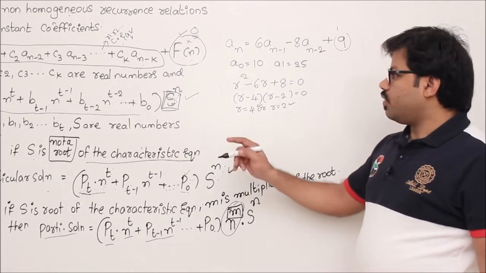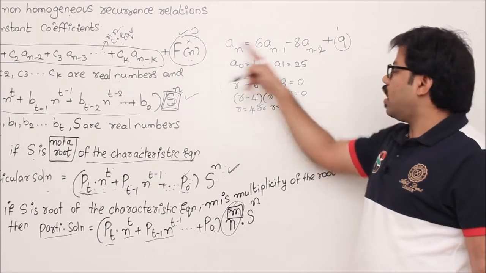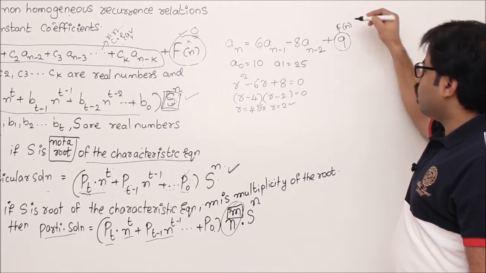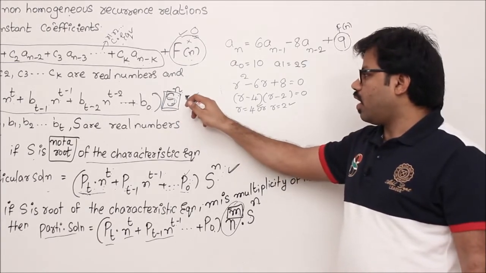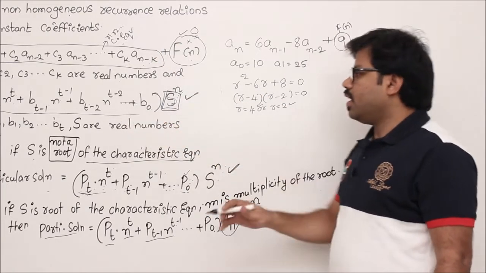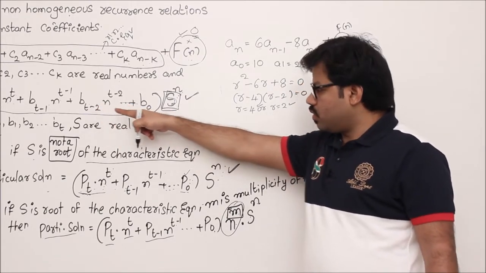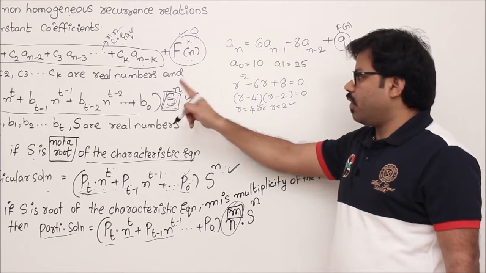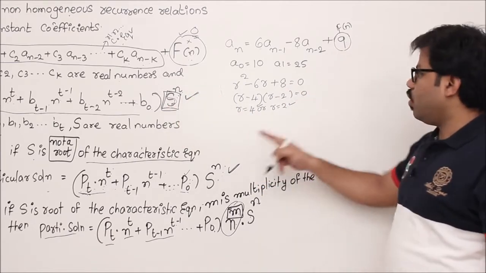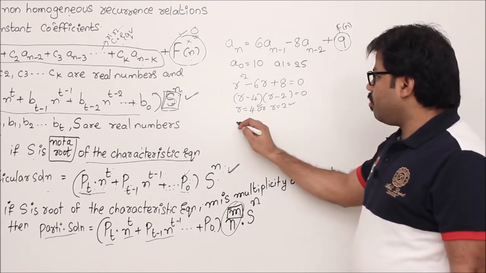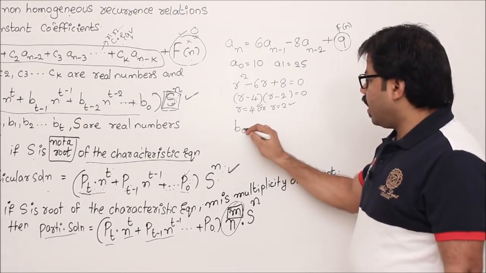Now come to our non-homogeneous part, 9 here, right? This is f of n. So what is the form of your f of n according to the definition? It is bt into n power t plus bt minus 1 n power t minus 1 and so on, up to b naught into s power n. Let me write your 9 in this form: b naught into s power n.